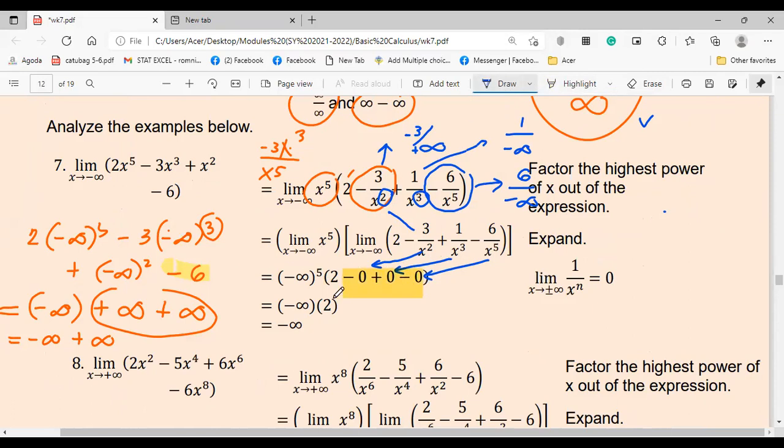They're gone. So what will happen therefore? A negative infinity raised to 5 is negative infinity because the exponent is an odd number. The 2, that is positive, multiplied to a negative is negative. This is the rule, which is why all of those went to 0. The answer is negative infinity.